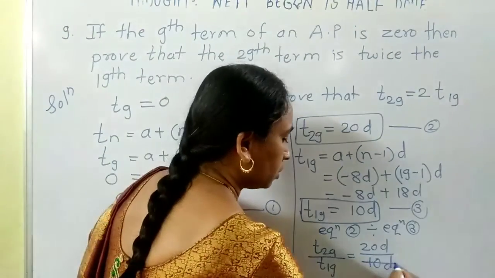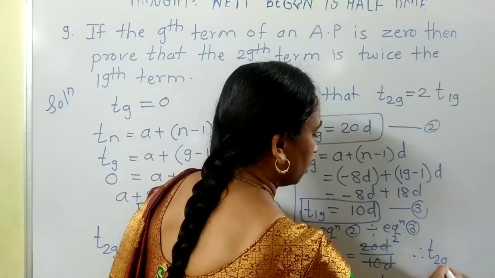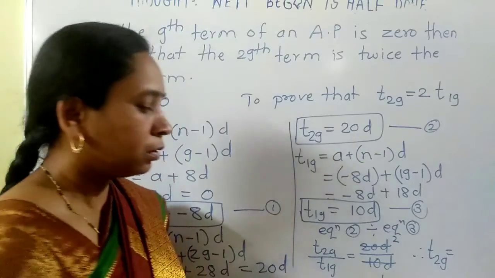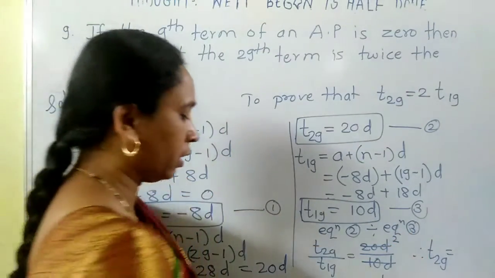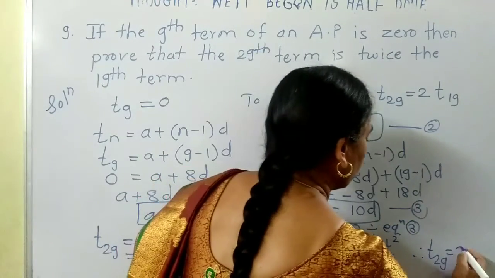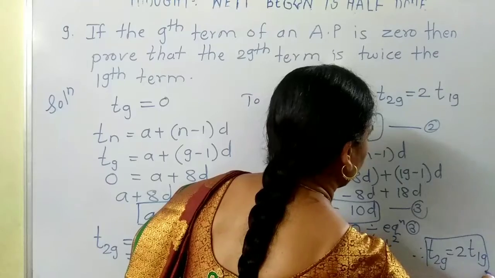Here D cancels with D, and 20 divided by 10 is 2. T19, transfer it to that side, then we will get T29 is equal to 2 into T19. Hence it is true.